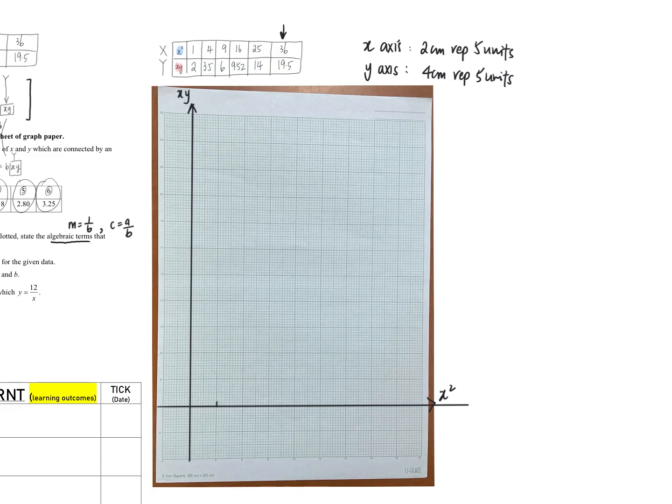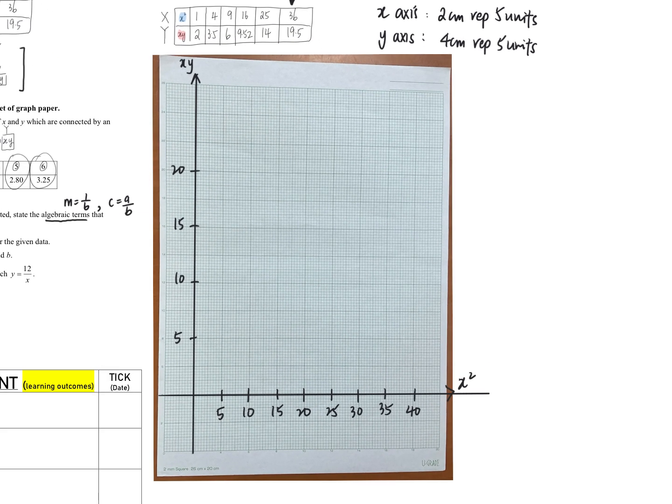So 2 boxes to represent 5: 5, 10, 15, 20, 25, 30, 35, 40, because I need to go up to 36. So 40 will be more than enough. Then the other axis, I will use 2 boxes to represent 5, 10, so that is more spread out. 15, 20, which is more than enough already.